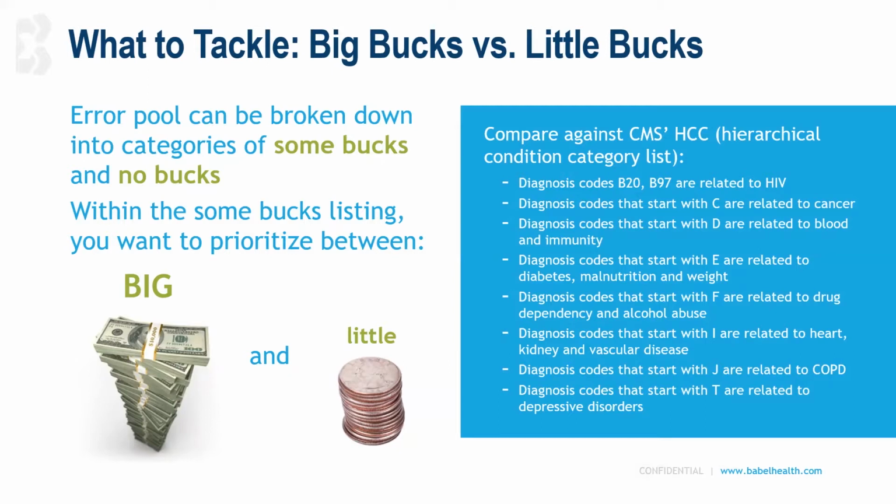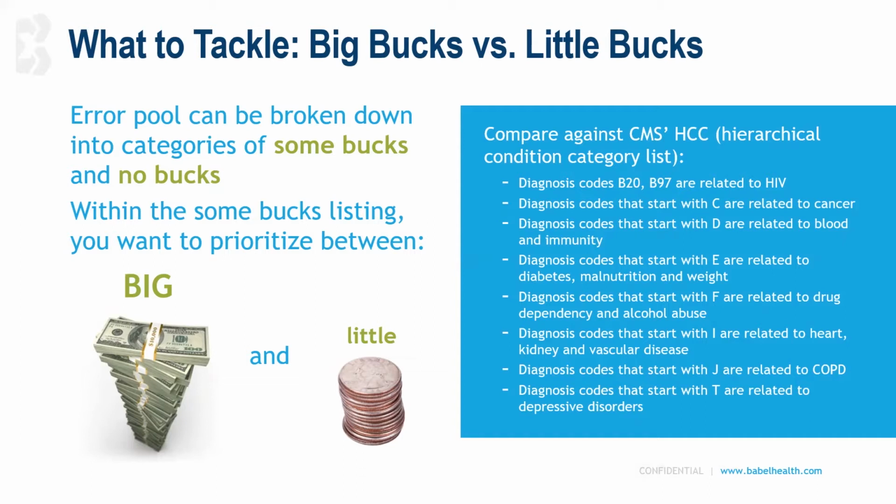You want to take a look at the diagnosis codes in there and get familiar with the HCC list that is out there. So it's easy to spot check diagnosis codes and say, gosh, any diagnosis code that starts with a C is going to be cancer related. So those are going to be better to tackle than bronchitis or something else.